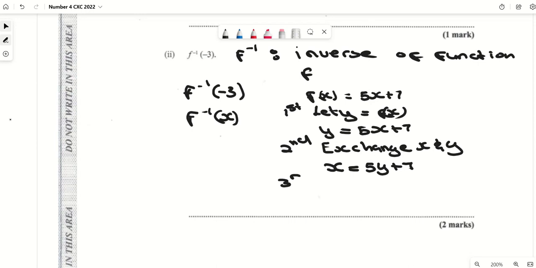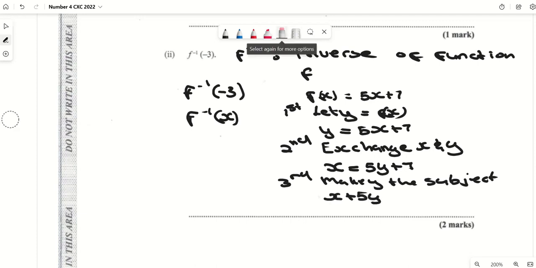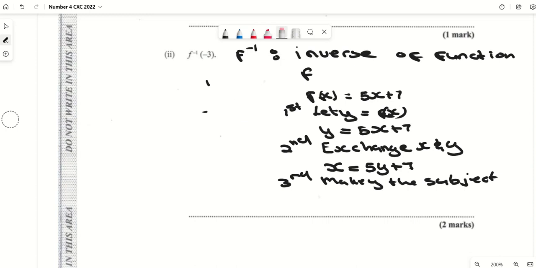And then your third step would be make y the subject. Right, let me just erase this. We're going to say x is equal to 5y plus 7. Then we make y the subject.